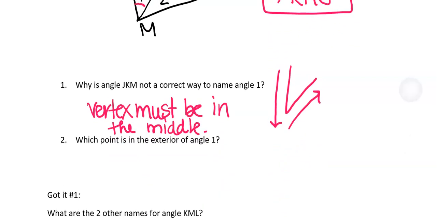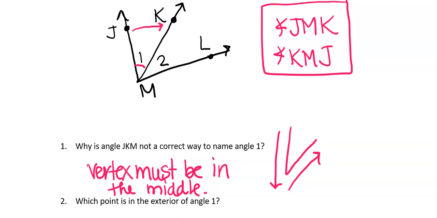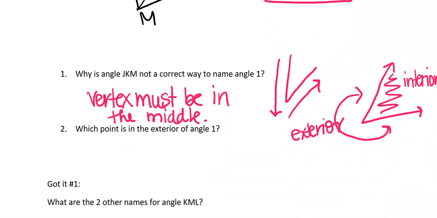Which point is in the exterior of angle 1? So when we look back at this one, now when you're looking at interior and exterior, right here is interior. And this right here is exterior. So if you're looking at angle 1 goes here, and then anything out here would be the exterior.